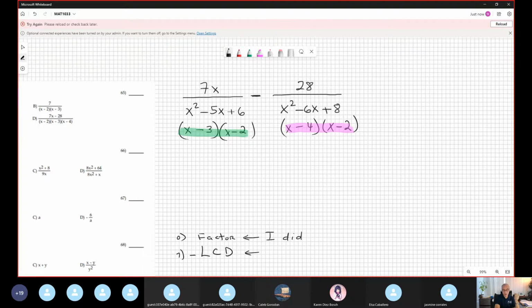Oh, but I see something repeated, which is x minus 2. Do you see that? And I explained when something is repeated, you take the majority. Well, in this case, we have no majority because it's x minus 2 to the first power and x minus 2 to the first power. It's equivalent, it's the same. But you don't need to take both. Repetition you avoid.